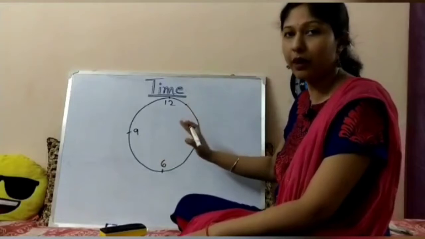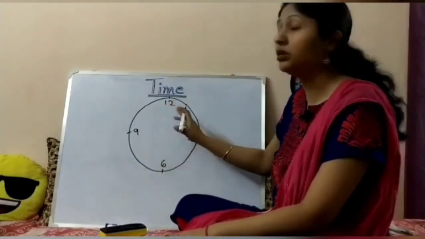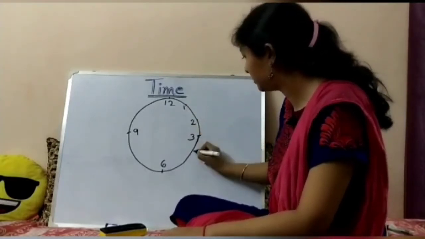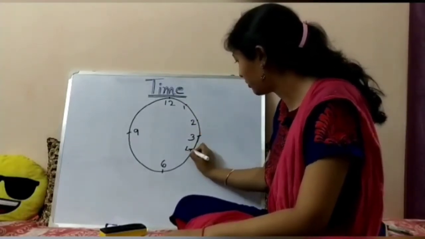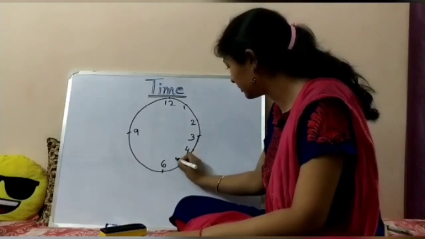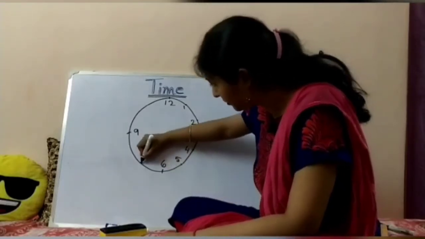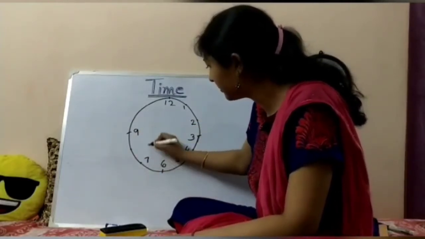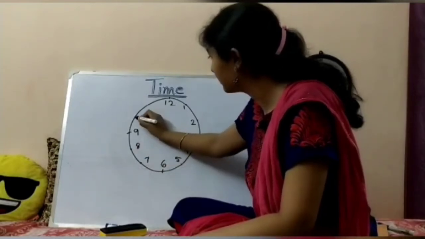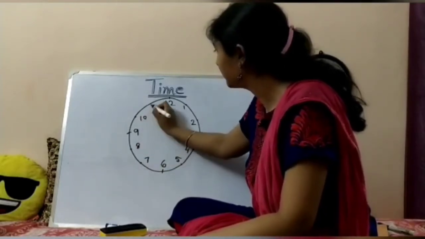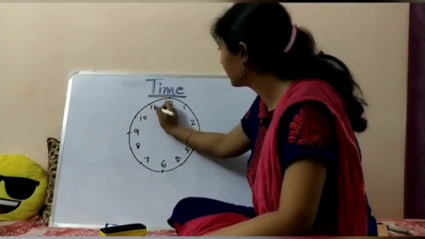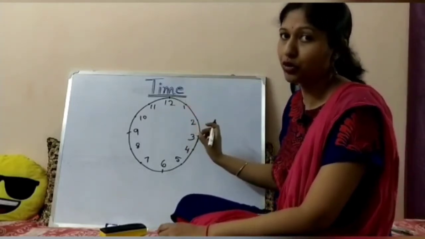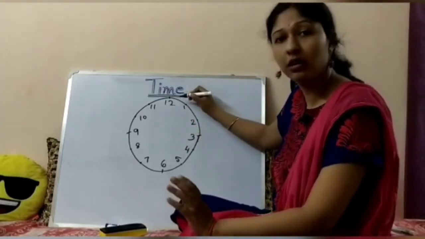After dividing into 4 parts, here we should write down the numbers 1 to 12. Between 12 and 1, and each pair of digits, we should draw 4 points.